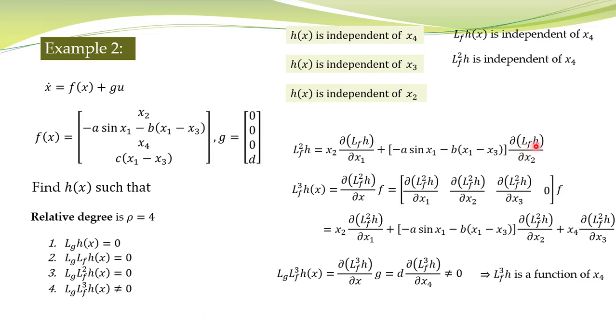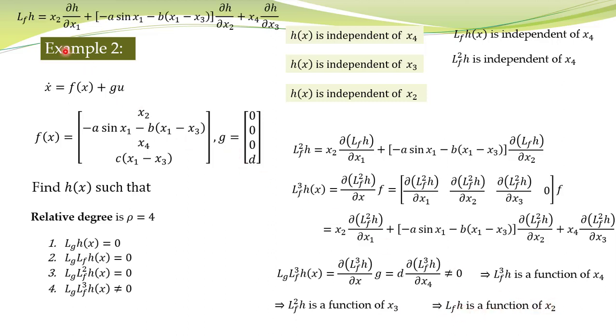That is, L_f h, its partial derivative with respect to x2 should be non-zero, and this L_f h is a function of x2, and L_f h we have computed on a previous slide, and that is given over here, and we want it to be a function of x2. For this to be a function of x2, partial h over partial x1 should not be equal to 0, and that is, h of x is a function of x1.